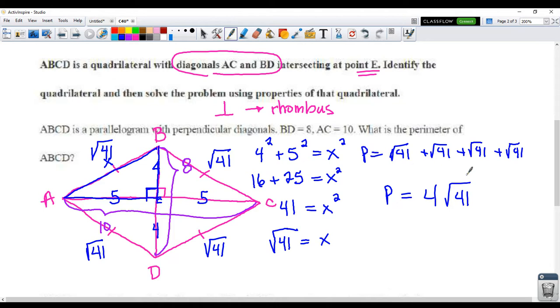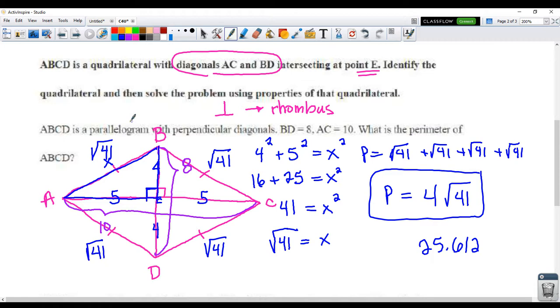Now, I'm sure you could put this into a calculator and get a decimal, so I'll do that real quick just for you. 4 times the square root of 41 equals 25.612. Okay, if you want a decimal. But I believe 4 root 41 is perfect and more exact than 25.612.